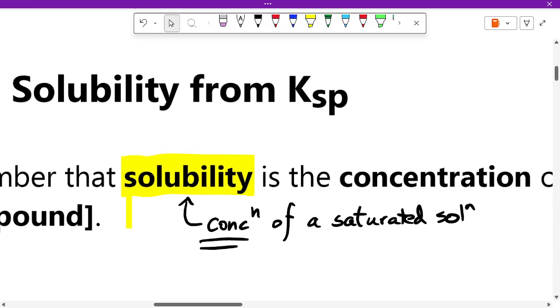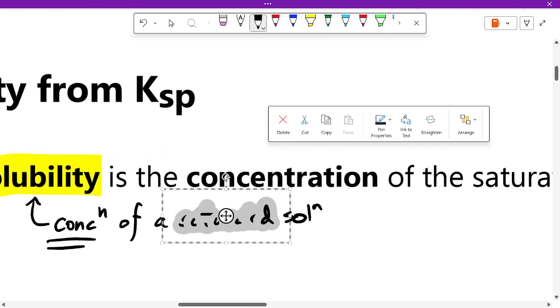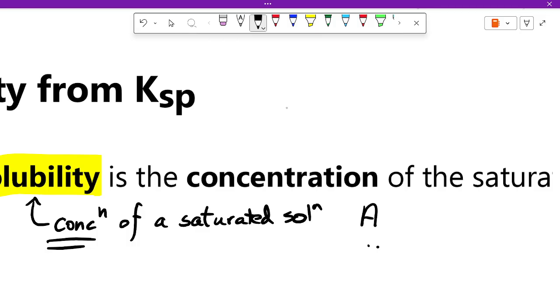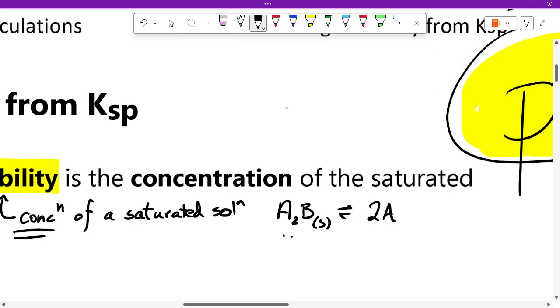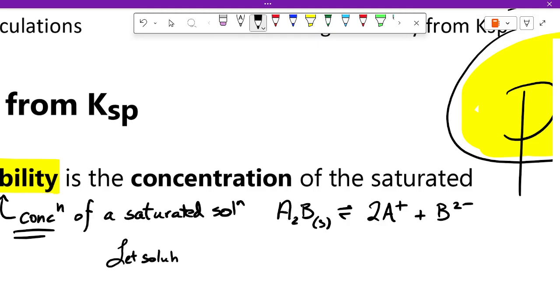Okay, so if you've got A2B in equilibrium with 2A plus B 2 minus, and if we let the solubility equal X, what does that tell us about the concentration of A2B?